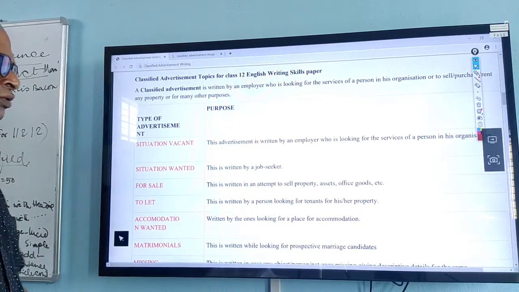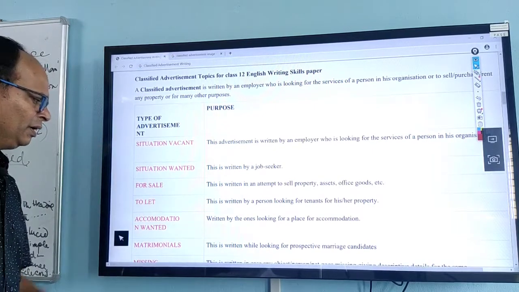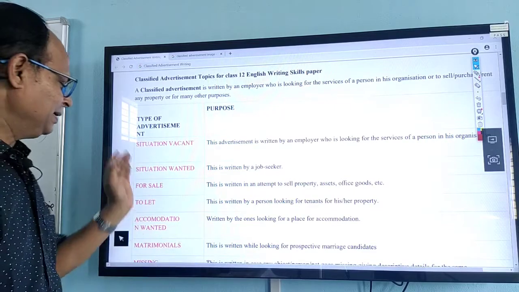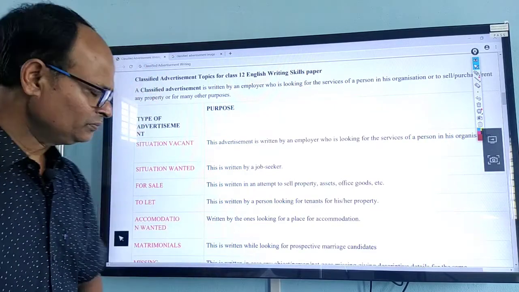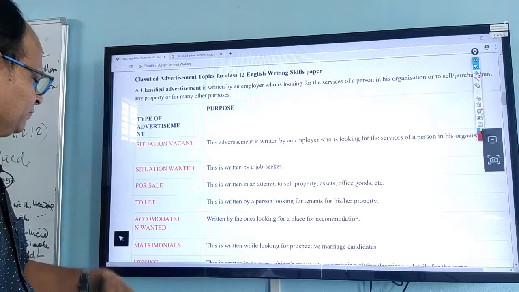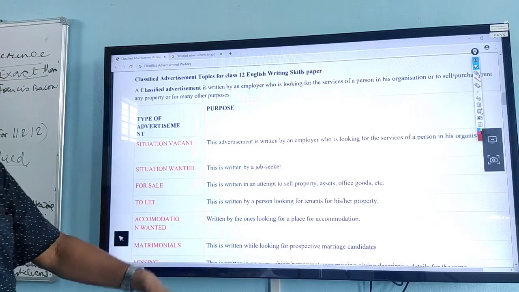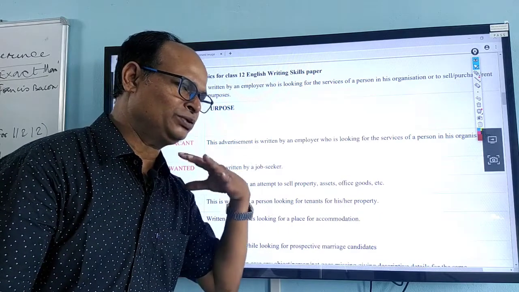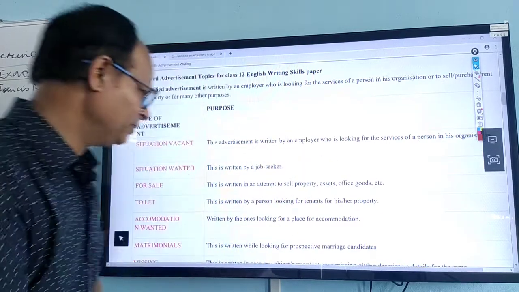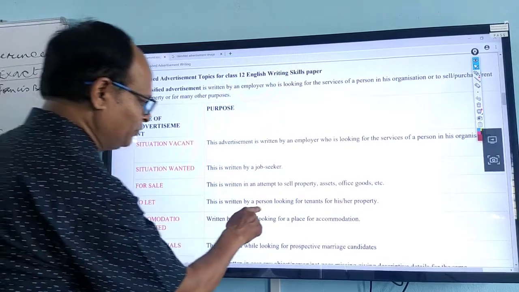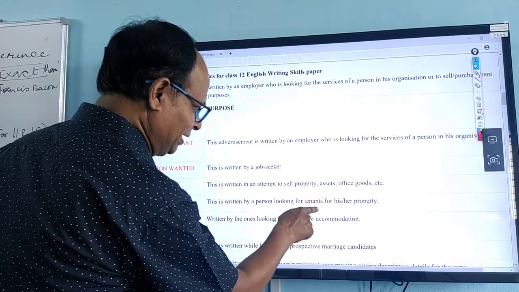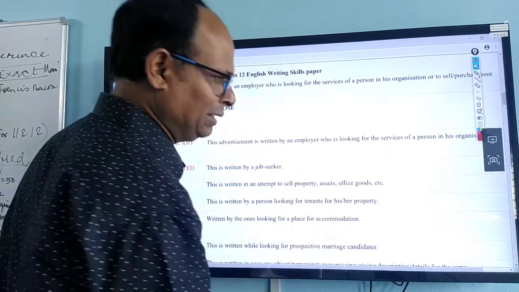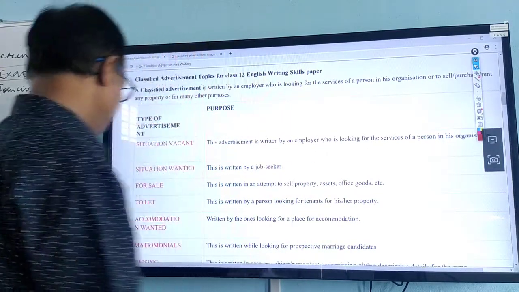To let: suppose you have prepared a house and you want to offer it to let. Your purpose is to look for tenants, because you want some extra earning from your property. Therefore this is written for tenants, by the proprietor or the owner.